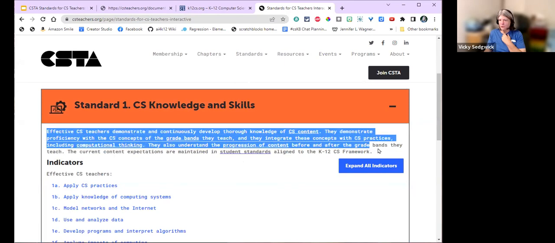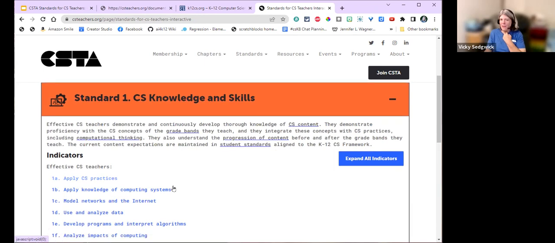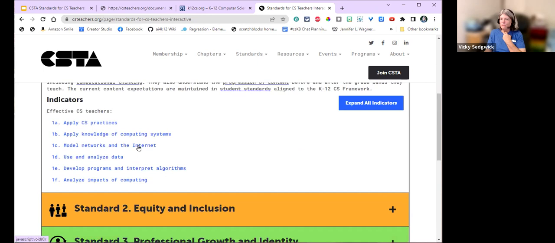And if you notice, it talks about the student standards here, and it talks about the framework that we talked about. So your CS knowledge and skills is directly tied to those things, right? You should be able to apply those practices, okay, and apply knowledge of the 5 concept areas.